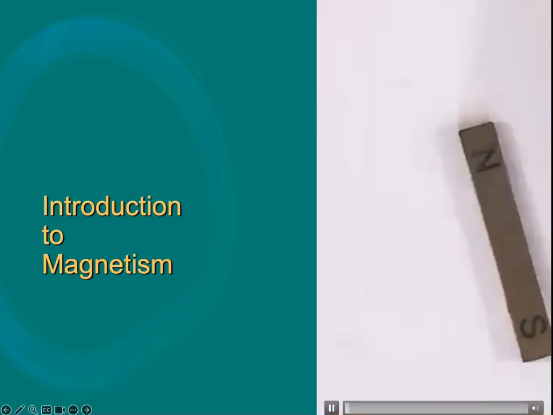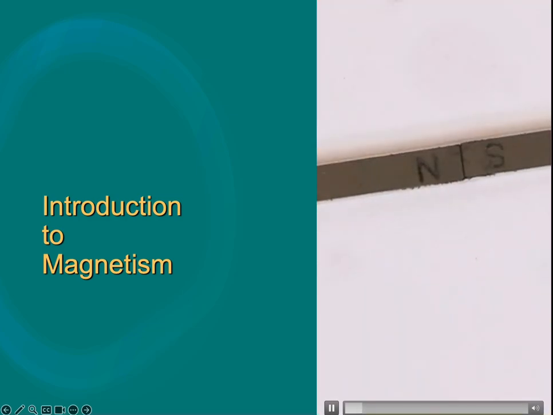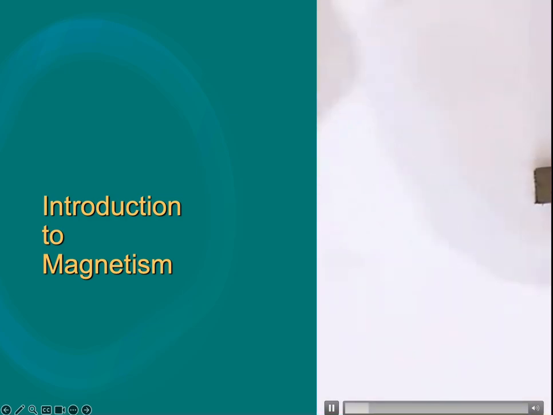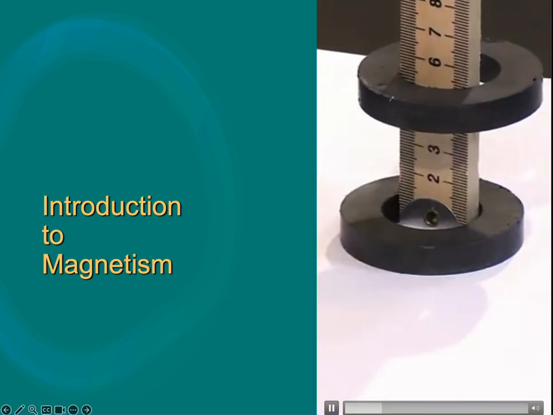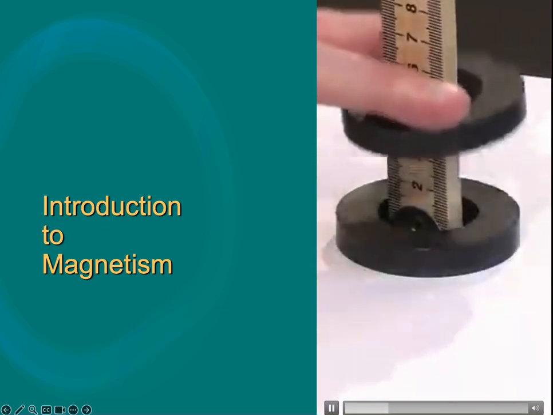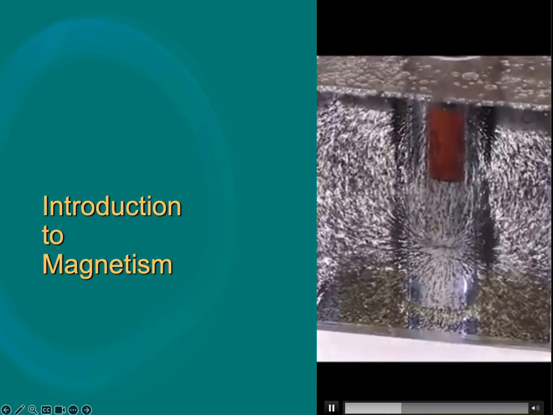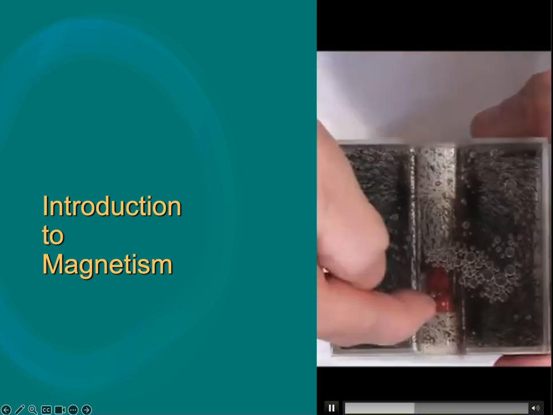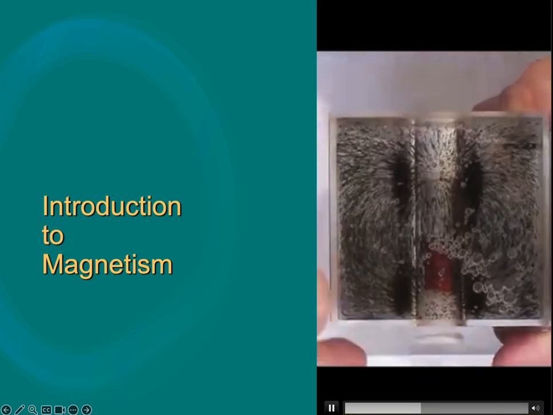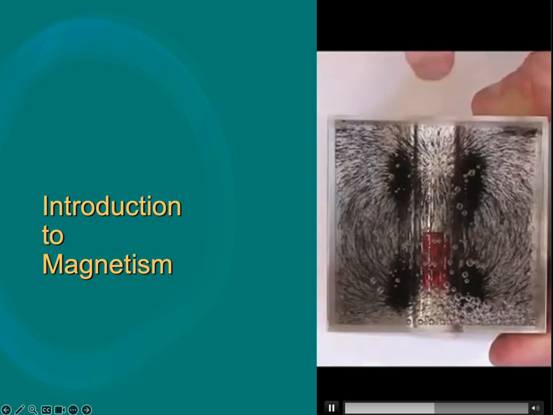Two like poles of a magnet repel each other, while the opposite poles of two different magnets attract each other. With powerful magnets, these attractive and repulsive forces can be quite strong. Surrounding every magnet exists what we call a magnetic field. This magnetic field always exists in closed loops around the magnet, coming out of the North Pole and entering into the South Pole.